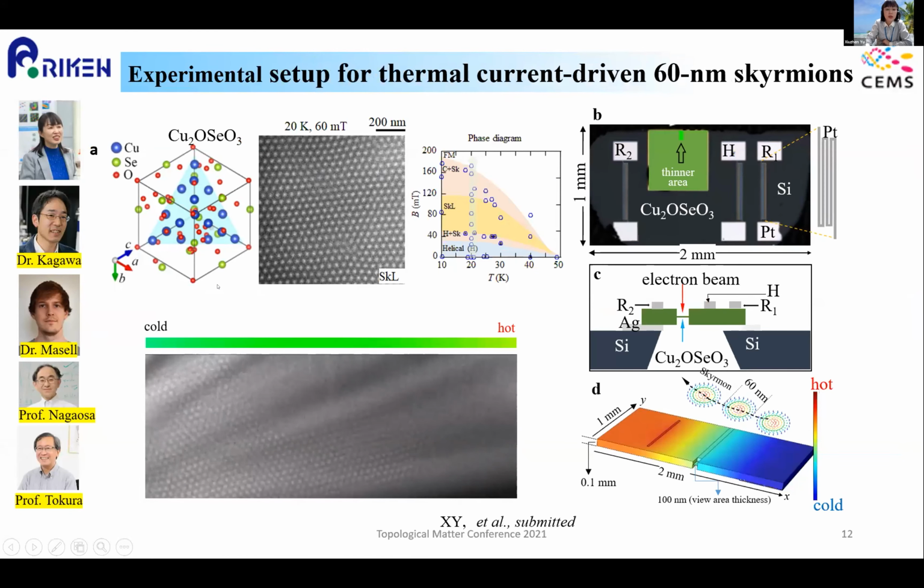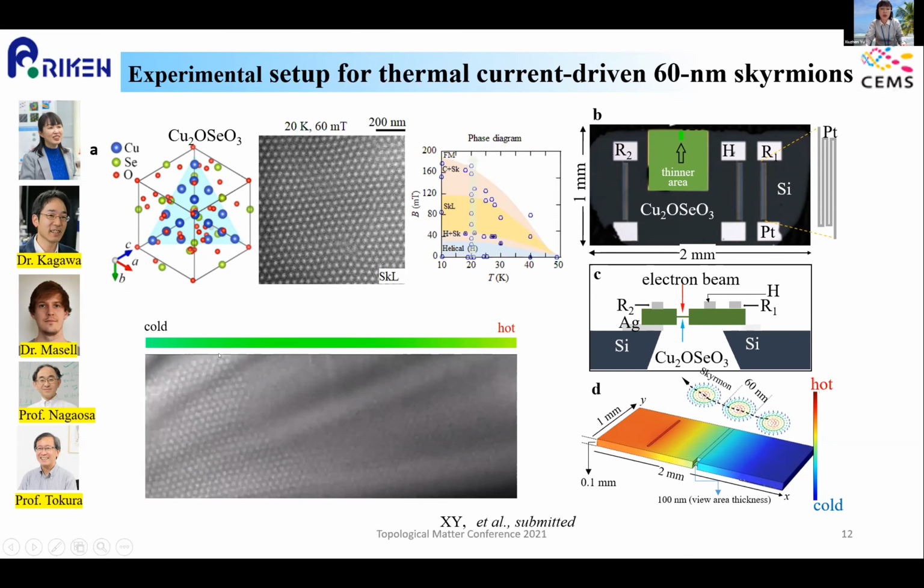So in analogy to the electron current driven chiral skyrmion in chiral magnets, we also designed heater current driven skyrmion motion in insulating magnets. And here are the main contributors.